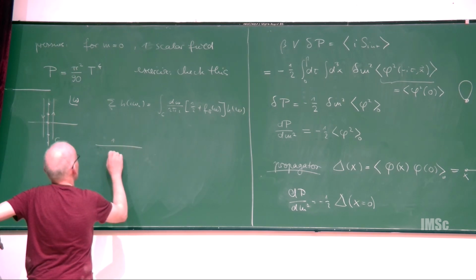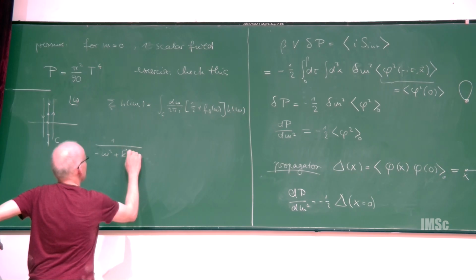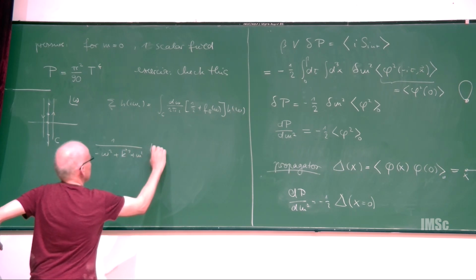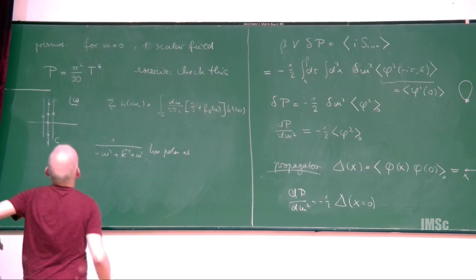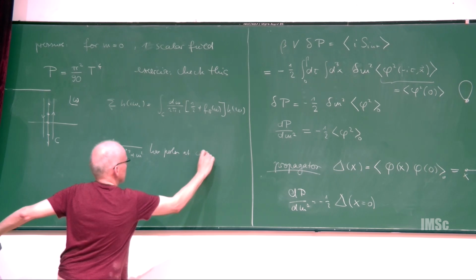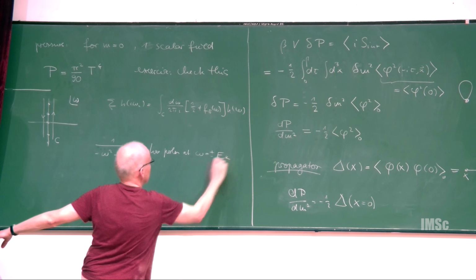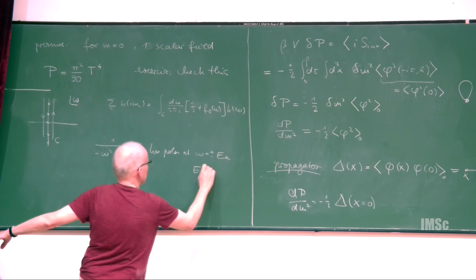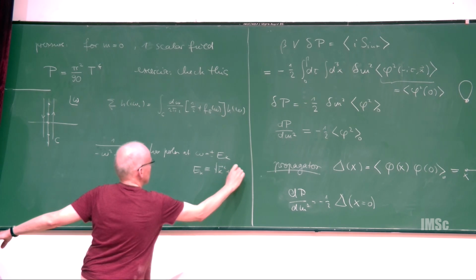So 1 over minus omega squared plus k squared plus m squared has poles at omega equals plus or minus the one particle energy E_k, with E_k the square root of k squared plus m squared.